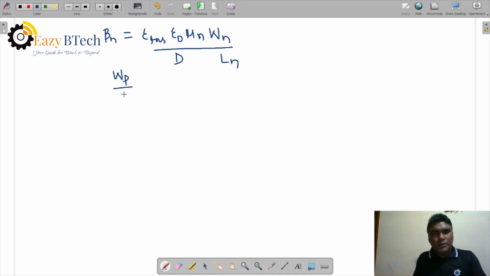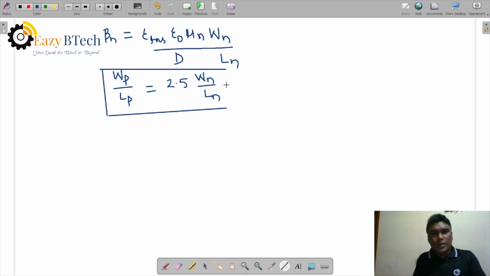So the length and width ratio WP by LP is 2.5 times WN by the length of the NMOS transistor. So the condition for a PMOS transistor design is that its width to length ratio is 2.5 times that of the NMOS transistor.